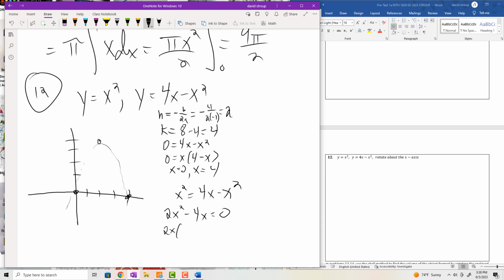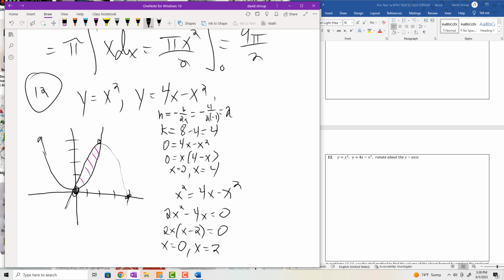Factor out 2x, so we get x minus 2. So they're hitting at x equals 0 and at x equals 2. Okay, so the first parabola is going like that, and the second parabola is going like this. And then the region we're working with is this region, and we're rotating it about what?